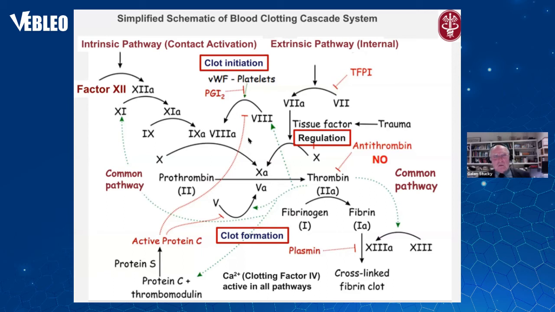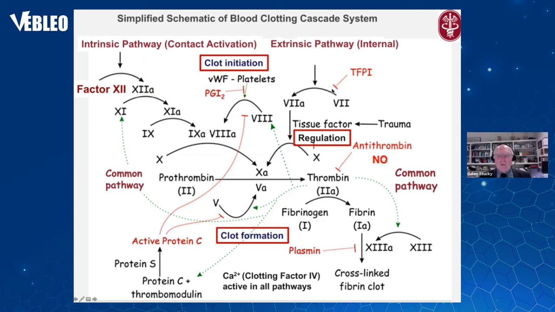So looking at this, our approach, taking advantage of the scientific status of this, was looking at the various pathways by which blood clotting works. There's the intrinsic pathway, which is up in the upper left, and what's at the top here is really the clot initiation, and the extrinsic pathway, which is internal.